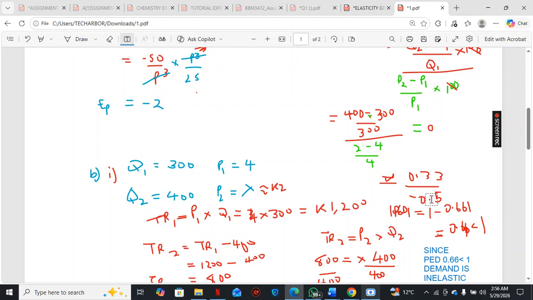Price dropped by 50%, quantity demanded increased by 33%, so the change in quantity demanded was smaller than the change in price. So this is our price elasticity of demand, 0.66, the absolute value, and when the value is less than 1, demand is inelastic.